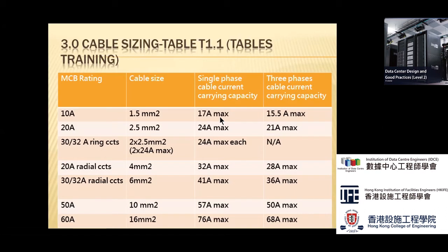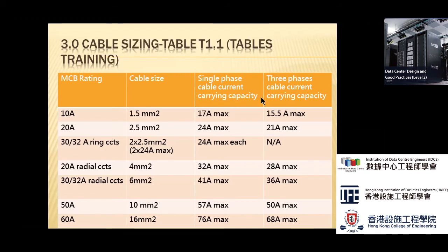But of course, it's based on the distance. The longer the distance, the higher the voltage drop, the lesser the current can be provided, and a larger cable size is required. But this is for a single phase, 1.5 mm square.